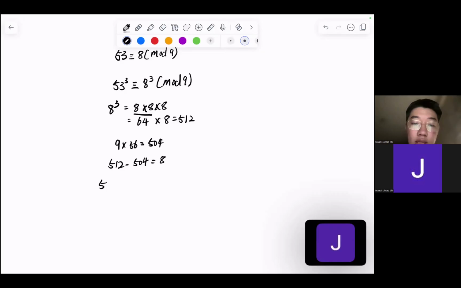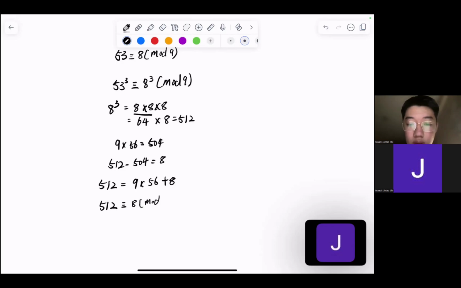Therefore, we can say that 512 is equal to 9 times 56 plus 8. So therefore, we can say 512 is congruent to 8 mod 9, because the remainder here is 8, and here we have 9.